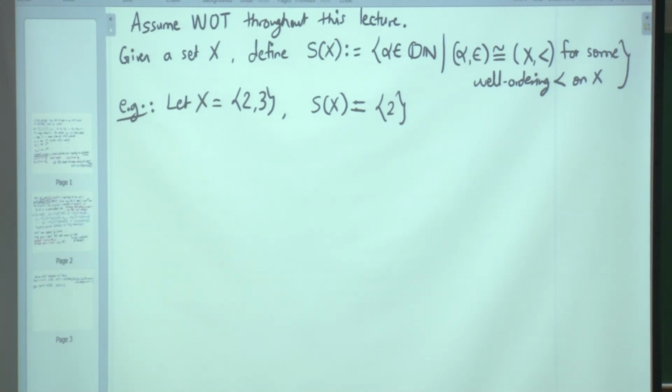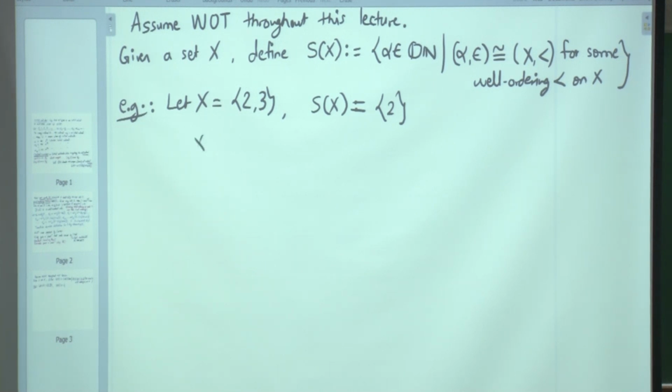That is irreflexive and transitive. That is in bijection with {0, 1}. 2 maps to 0, 3 maps to 1. And that is also an order isomorphism, right? It preserves and reflects order. Okay, so that's good. So S of X is equal to 2.